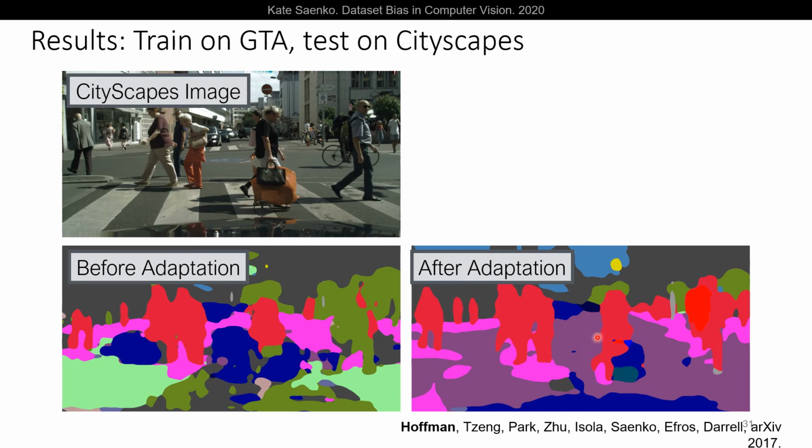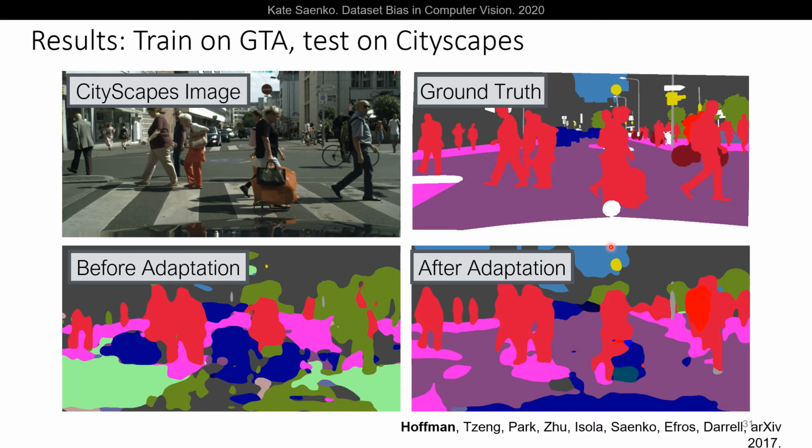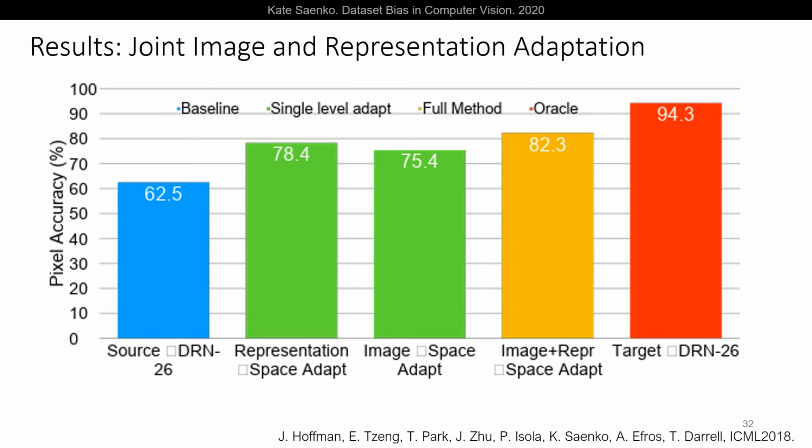You see here the road is being recognized correctly for the most part, although there are still some errors. But overall, this is a better result. Just for comparison, this is the ground truth, the human annotation, and as you can see, there are still quite a few errors between the prediction and the ground truth. So we're closing this gap, but there's still some ways to go.